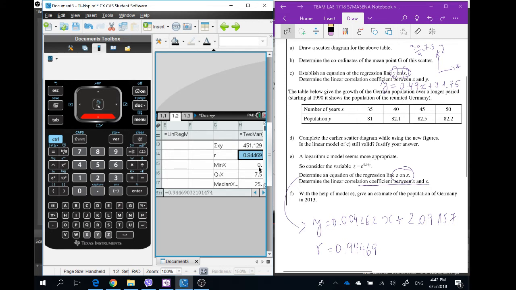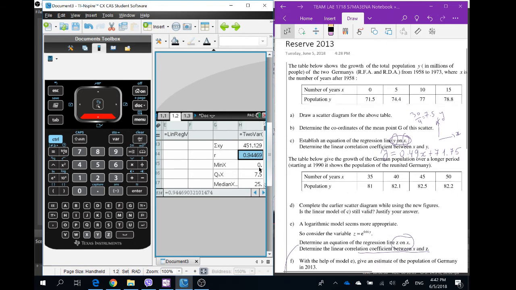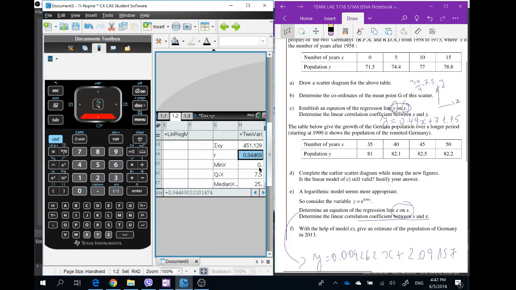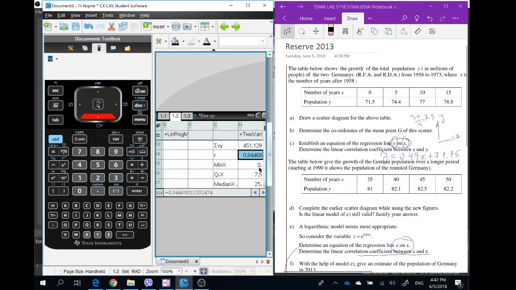With the help of model E, give an estimate of the population of Germany in 2013. In 2013 it will be, okay, starting at 1990, number of years it's 35.